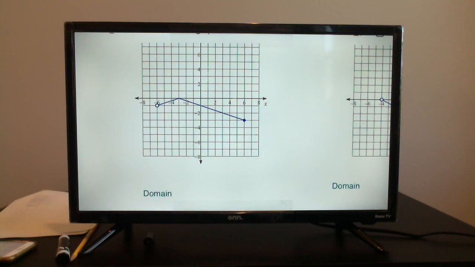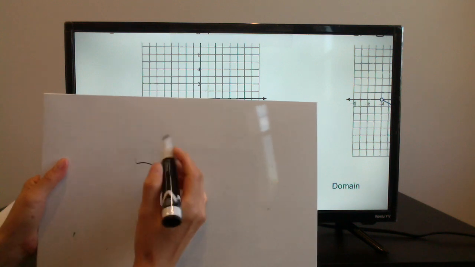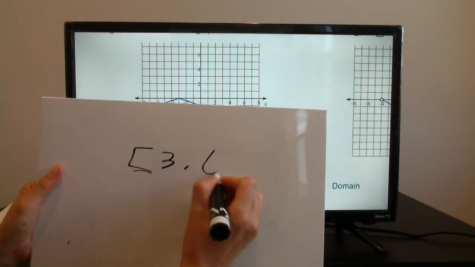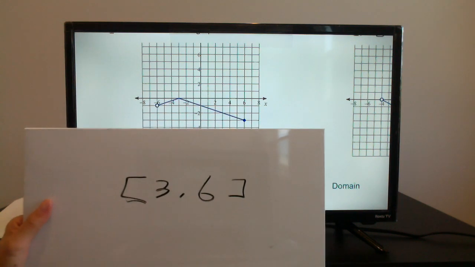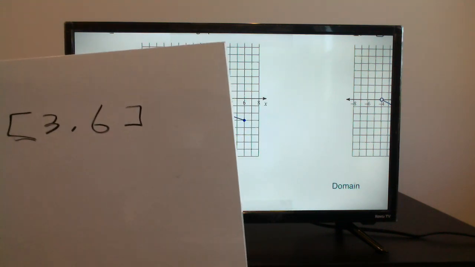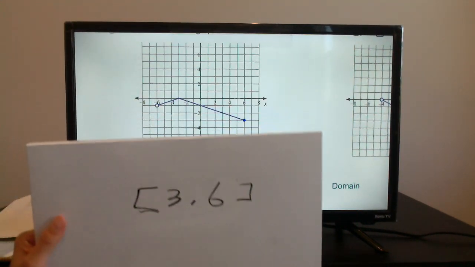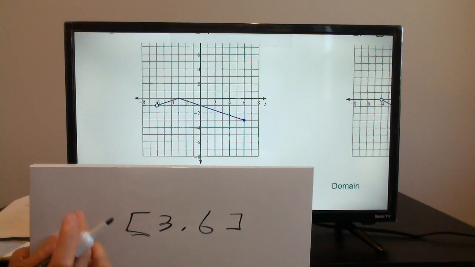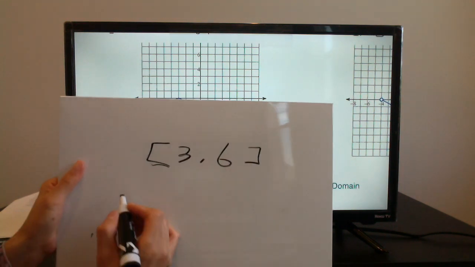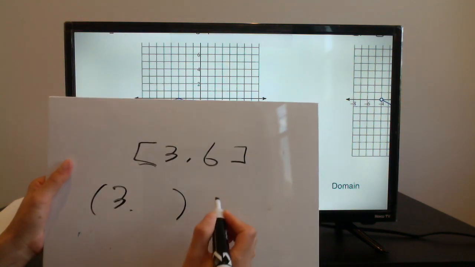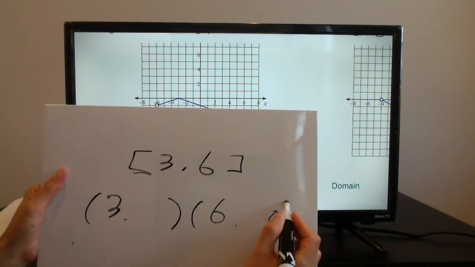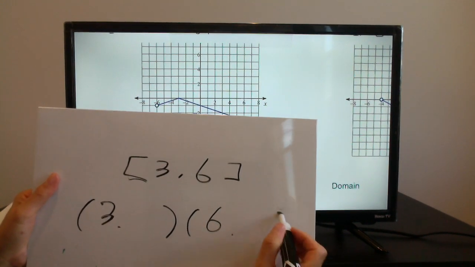And let's find the interval 3 to 6. Find the average rate of change over the interval 3 and 6. So we need to find the 2 points, right? 3 is one point, 6 is one point.